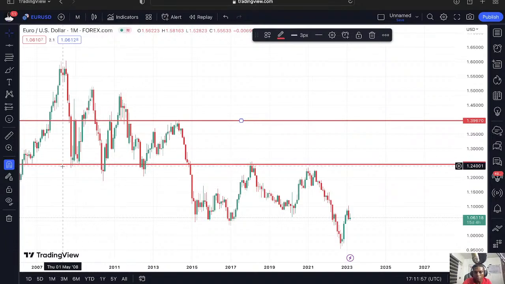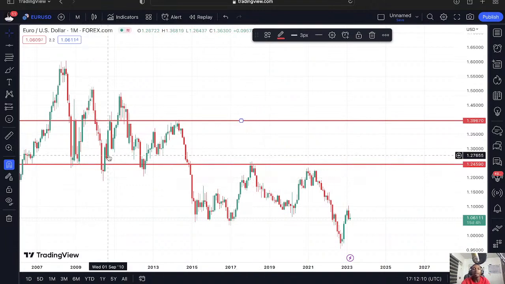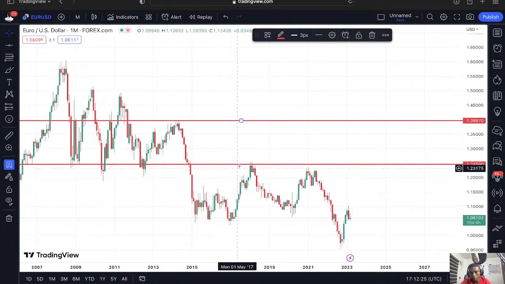When this level was previously here, it was a support, after which we had a breakout towards the downward part, and we can see how price went down and came up again. Now that level that was previously a support has now become a resistance zone.